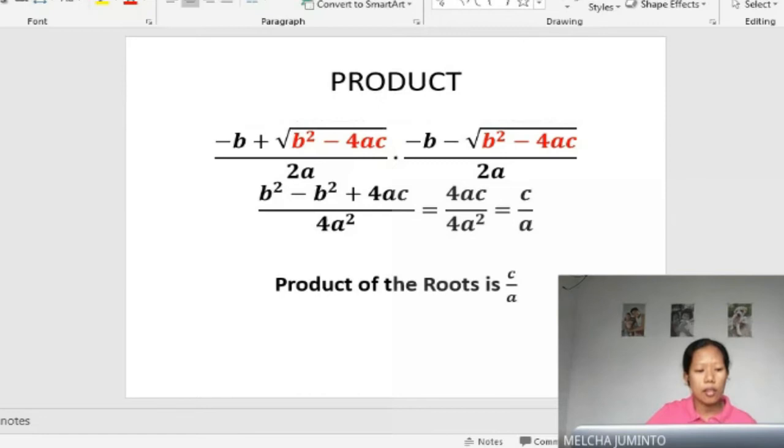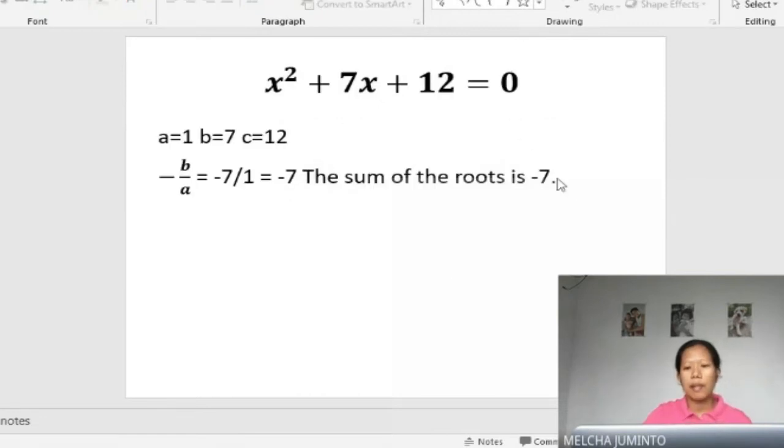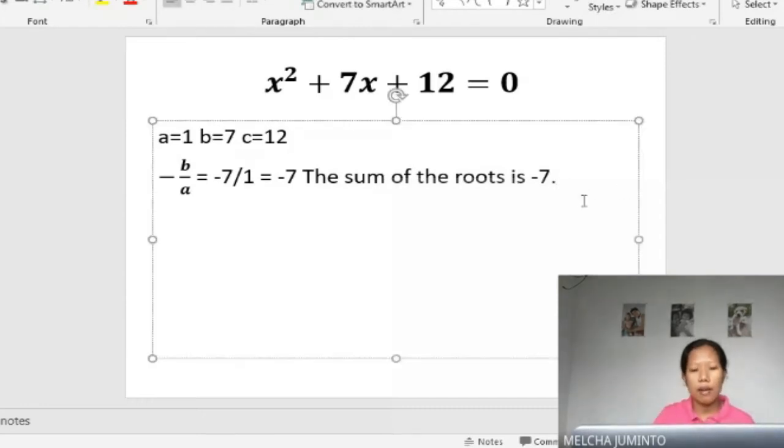Let's try it on the same equation, x squared plus 7x plus 12. So we have a is 1, b is 7, c is 12. The formula is c over a. C is 12, 12 over 1, and 12 divided by 1 is 12.